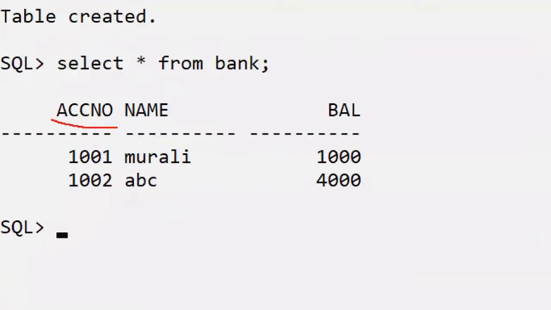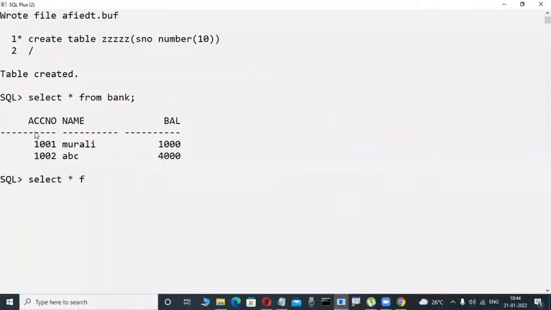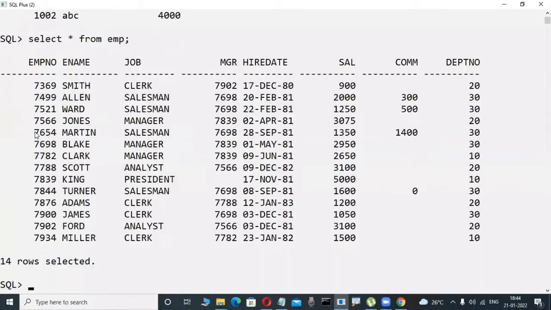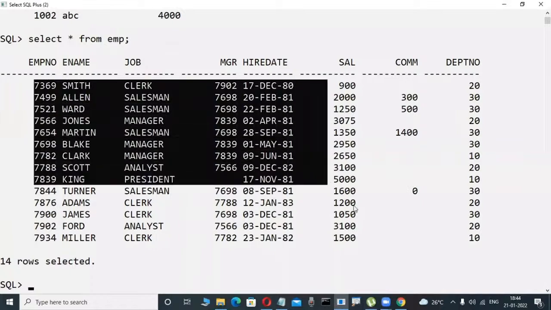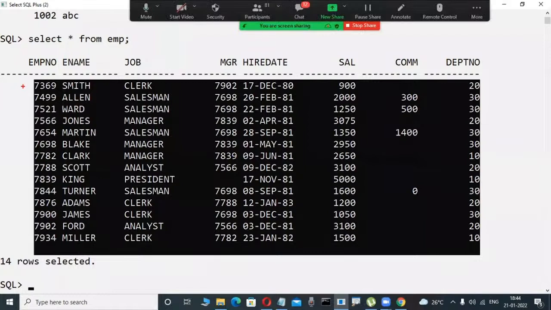Is this a structured collection of data or not? Table form. Yesterday, anybody observing or not, I was typing a big table here like this. It is a structured collection of data. This is the logical side we are talking about, the table format, because developers are well-known with tables, views, procedures, functions, triggers.